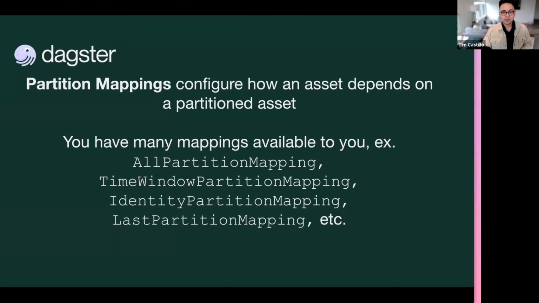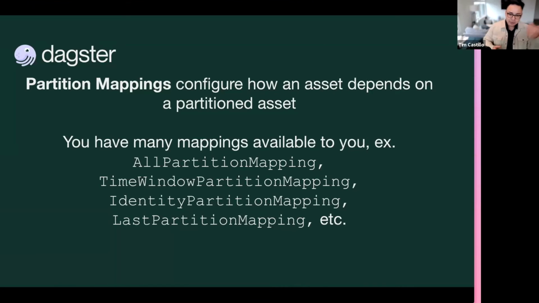All right, let's recap what you just covered. Partition mappings configure how an asset depends on a partitioned asset. And you have many mappings available to you, such as AllPartitionMapping to say, just use all the partitions, or TimeWindowPartitionMapping, which lets you roll up or drill down into different time-based partitions.